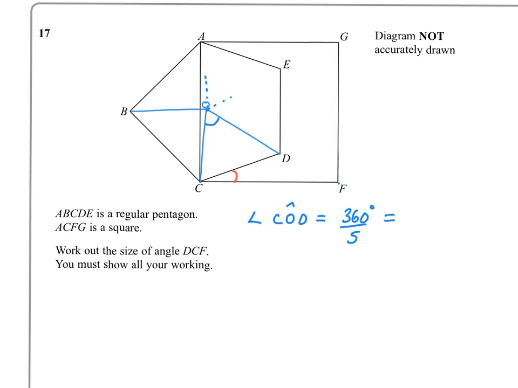And if I don't know that, I can just double out of trouble and say that's 720 over 10, which is 72 degrees. So I know that's 72 degrees. Then I know that this is an isosceles triangle, so I can say triangle OCD is isosceles.